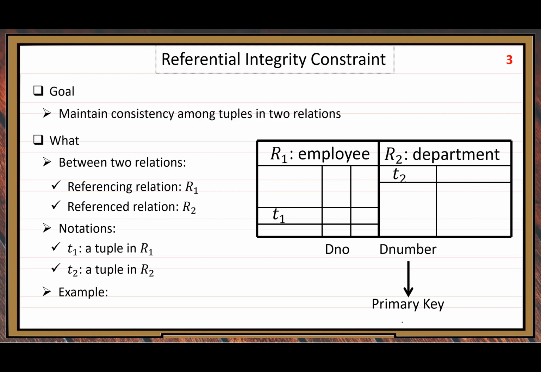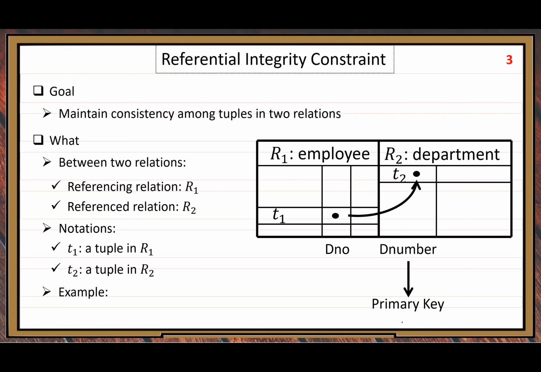Then in table 1, R1, DNO here connects to T2, D number, directly.